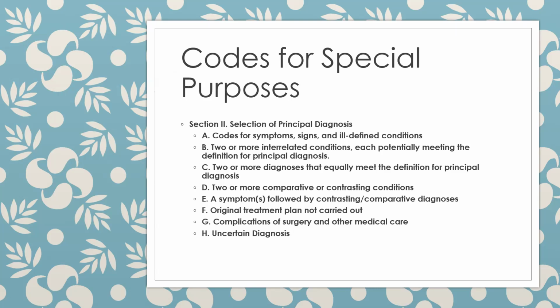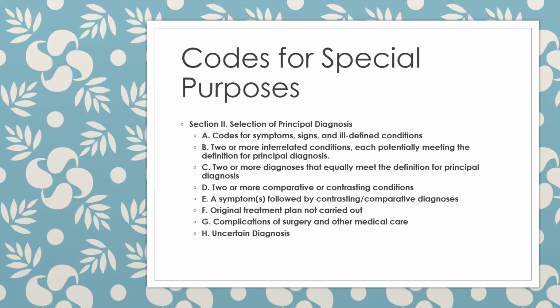Without such documentation, the application of all coding guidelines is a difficult, if not impossible, task. So, codes for symptoms, signs, and ill-defined conditions. If you want additional information on this, make sure that you see Chapter 18.